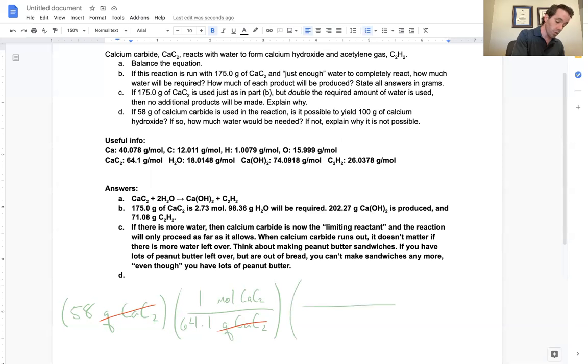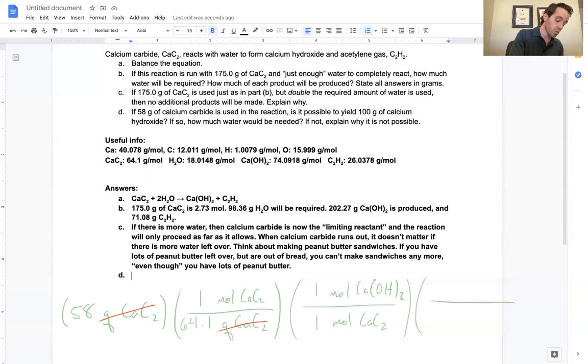Now I want to turn moles of calcium carbide into moles of calcium hydroxide. And again, the reaction tells me that these occur in a 1-to-1 ratio. And then go for the super gold and convert that all the way into grams, because the question is, is it possible to get 100 grams of calcium hydroxide?